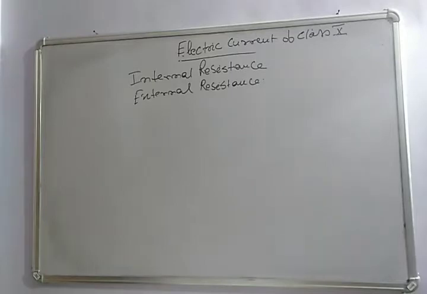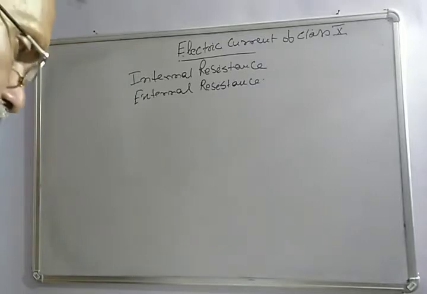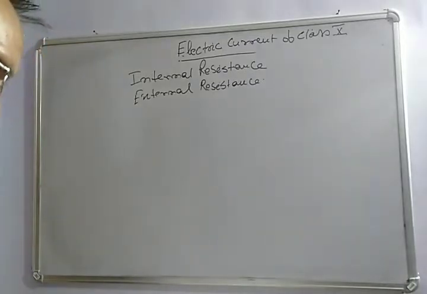It is always in series in a circuit. If a number of cells are in series, then the internal resistance of the cells is added to get the series combination.